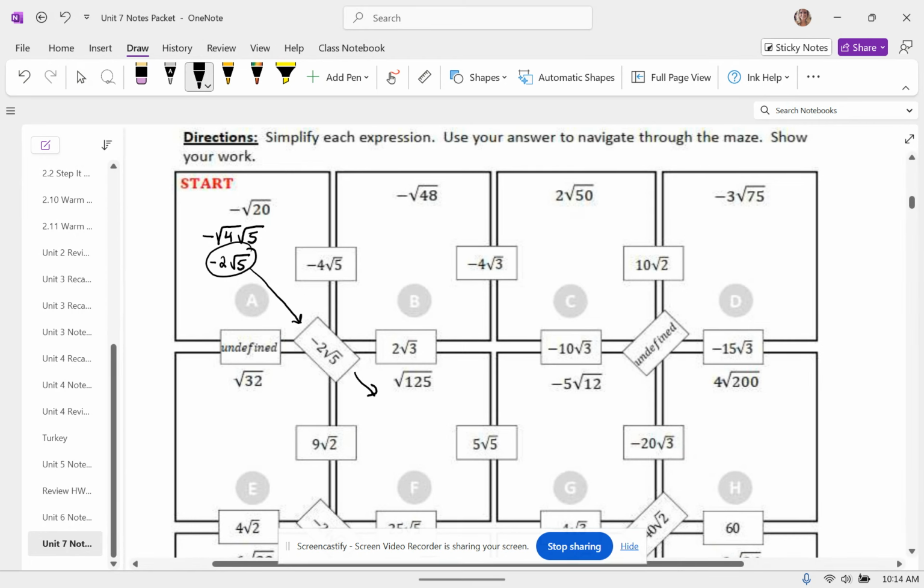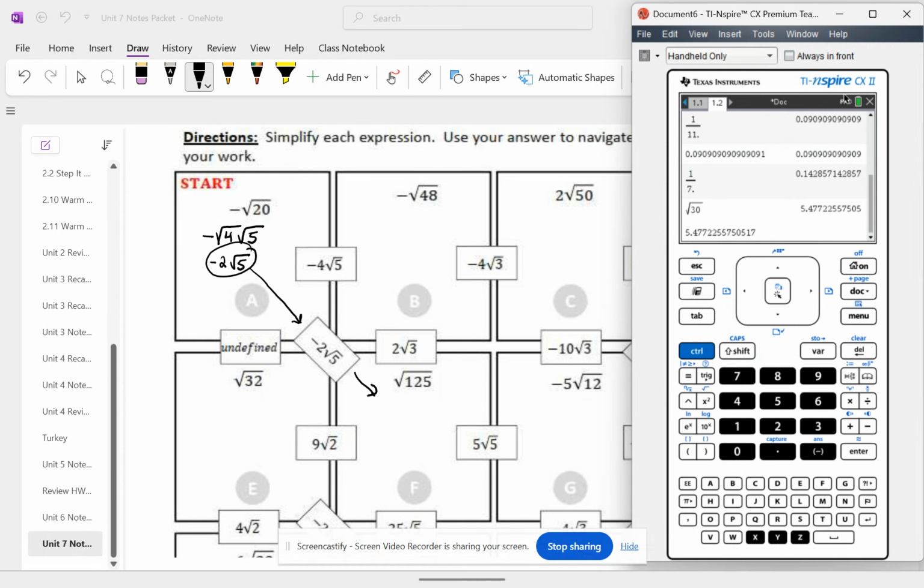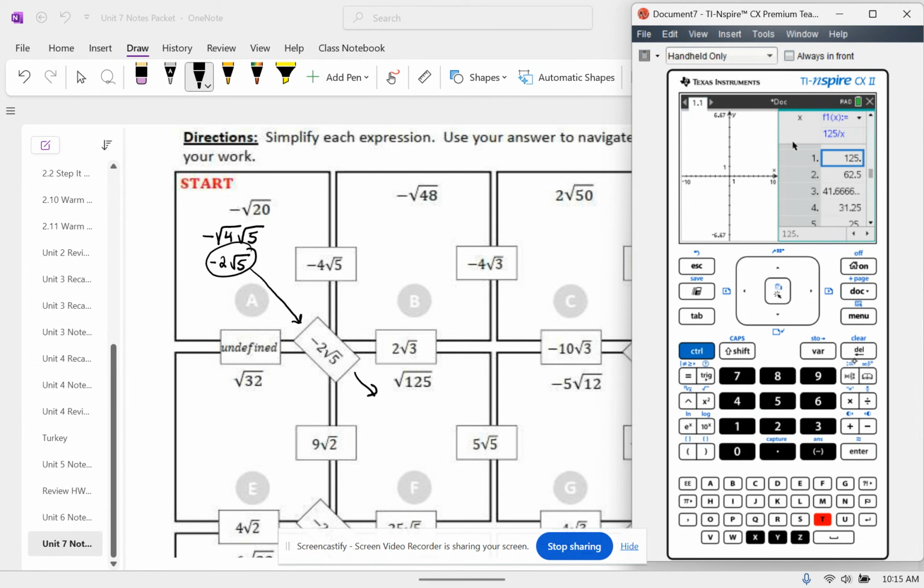So the square root of 125, I'm going to break that down into the largest perfect square that's a factor of 125. What if you didn't know what to do? You could graph this. You could look on the table. All right, I'm going to scroll until I see a perfect square. 125 is not a perfect square. 60, you can just skip all the decimals.